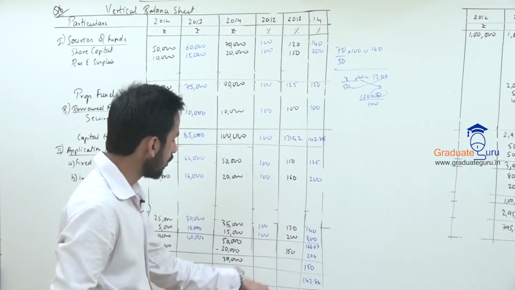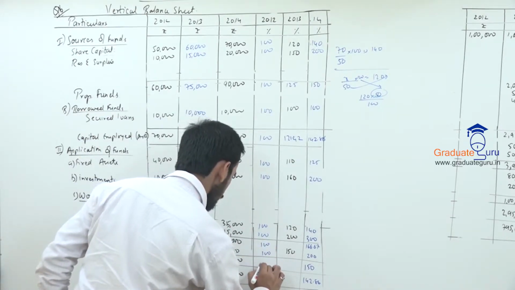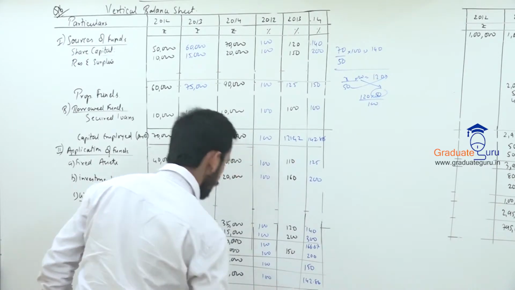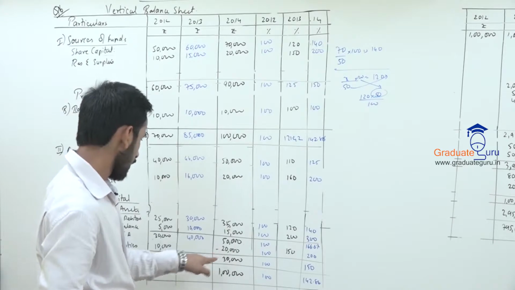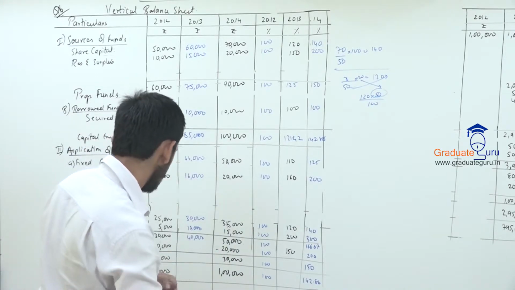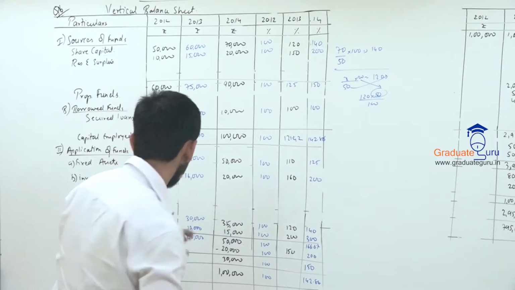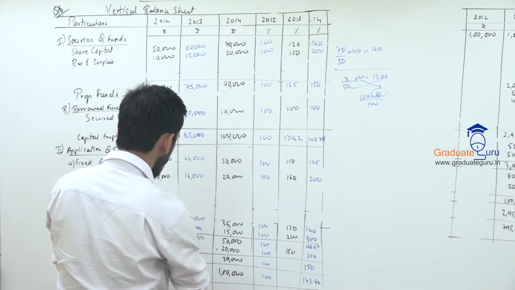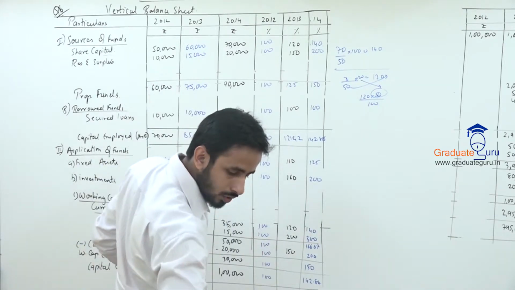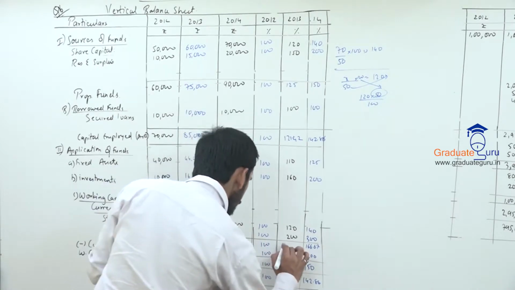Yeah, we want to fill up this also. Achha, this is 100%. Sorry, this we have been known. 40. So this is 40 divided by 30. So 40 divided by 30 and percentage is 133.33.